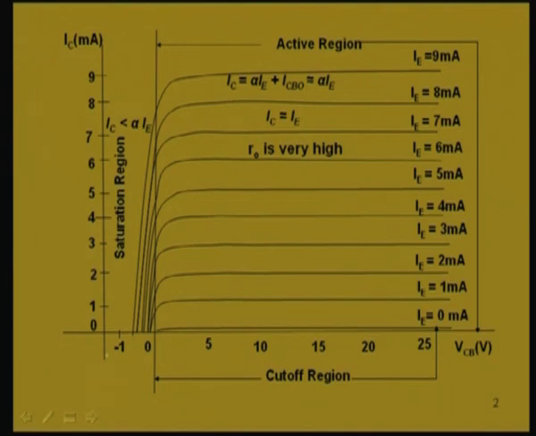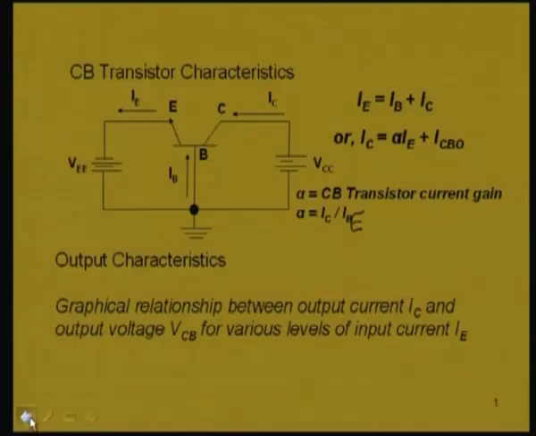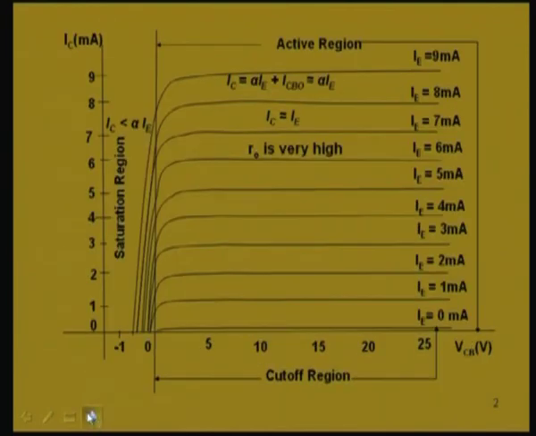Under that situation, as this is N and this is P, in the forward biased condition by this VCB voltage, the holes from the base will travel to the collector region. So, the IC current will be opposed by this hole current, and it will keep reducing.